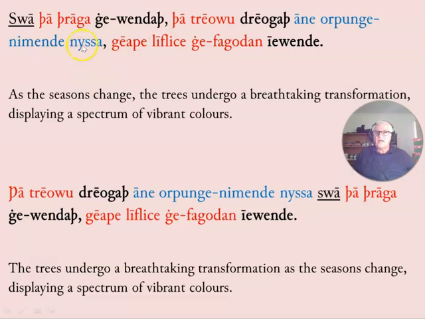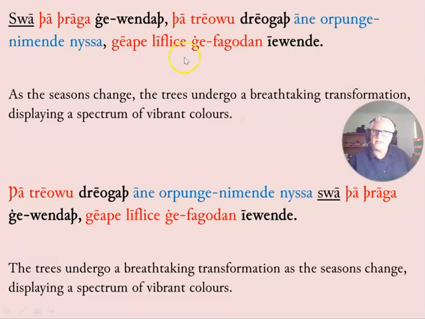All right, swatha tharacha yewendath thatarewa derechath ana arapun ye niemenda nusa geapa leaflicher yefachadon iowende. So I had a bit of fun with that. As the seasons change, the trees undergo a breathtaking transformation, displaying a spectrum of vibrant colours.